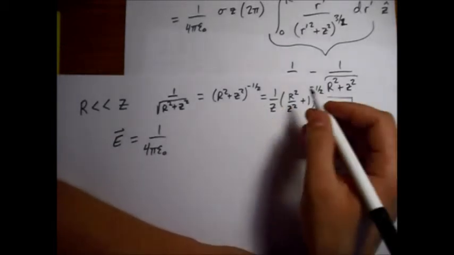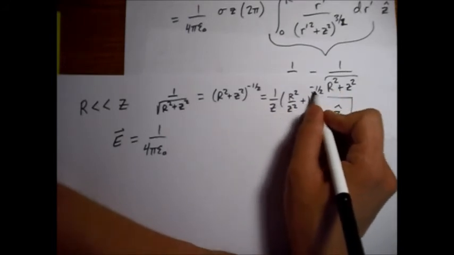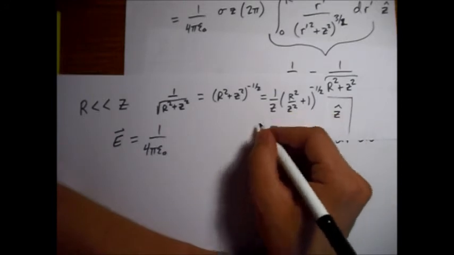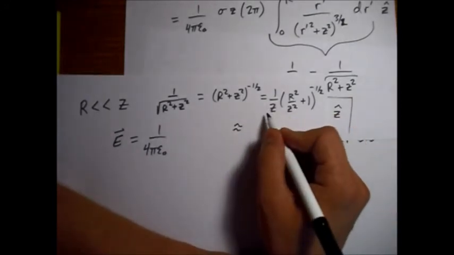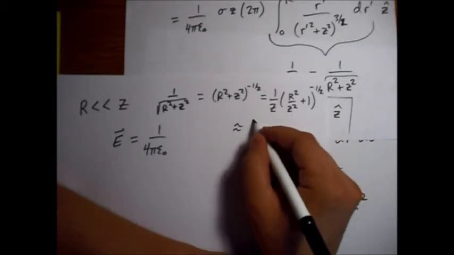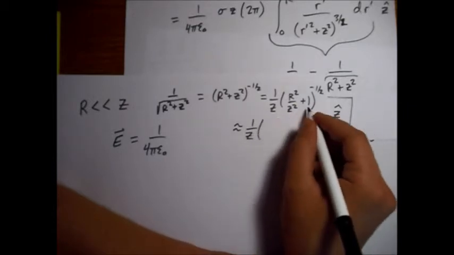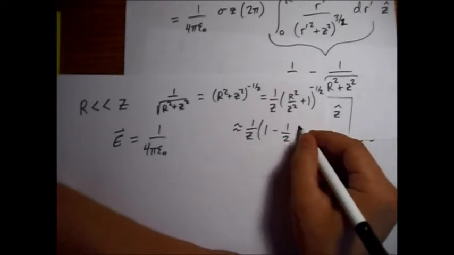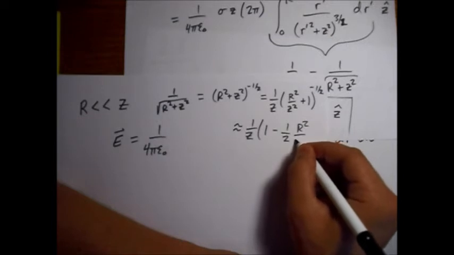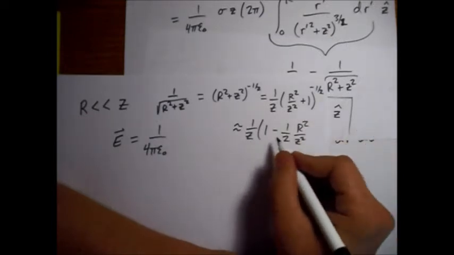Let's just write it out; it's easier to write it out than explain it. And because it's a minus 1/2 here, we get a minus sign in here. So this is approximately equal to, we have our 1 over z out front, and then we get a 1 minus 1/2 r squared over z squared. Hopefully I did this right.